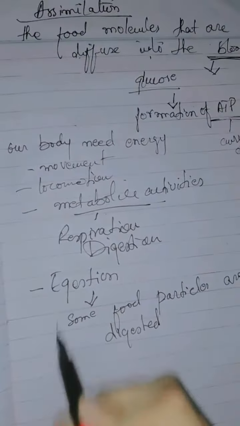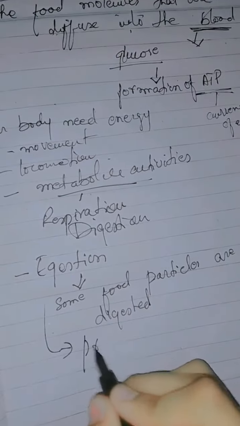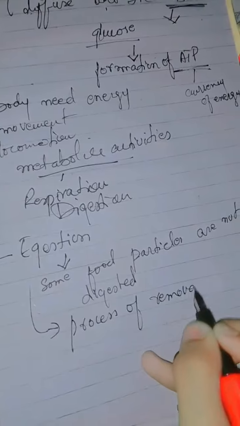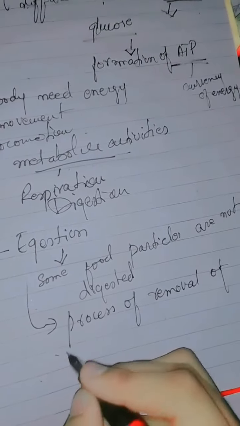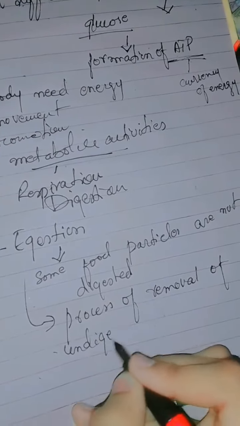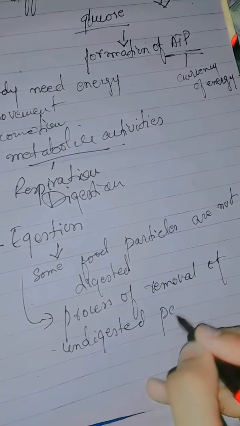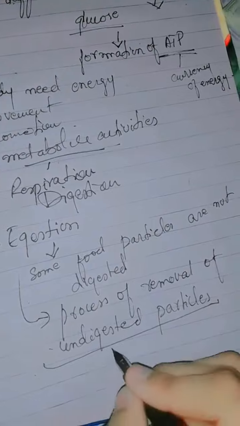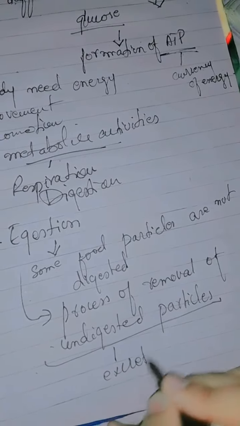So egestion is basically a process of the removal of undigested particles. These undigested particles are also called excreta.